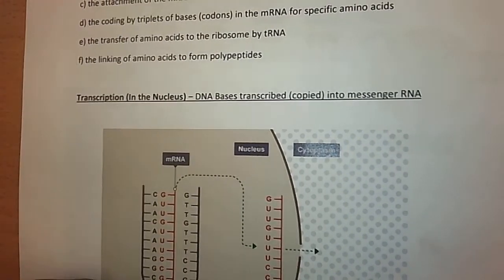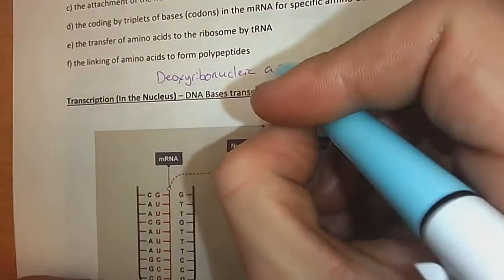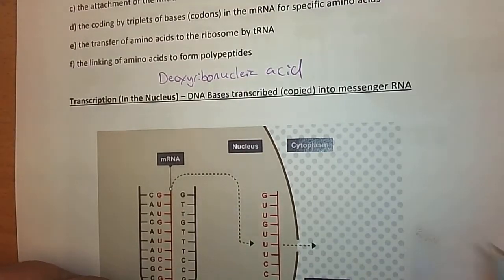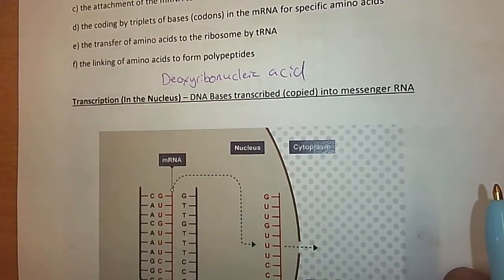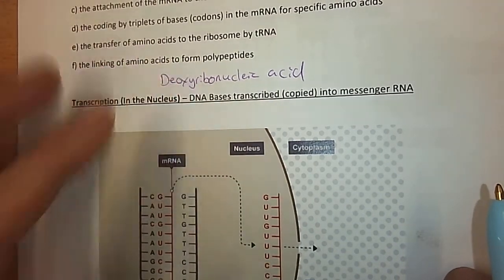So first of all, DNA, that is deoxyribonucleic acid. You can refer to genetic information as nucleic acid. DNA is deoxyribonucleic acid. If it was RNA, it would just be ribonucleic acid.